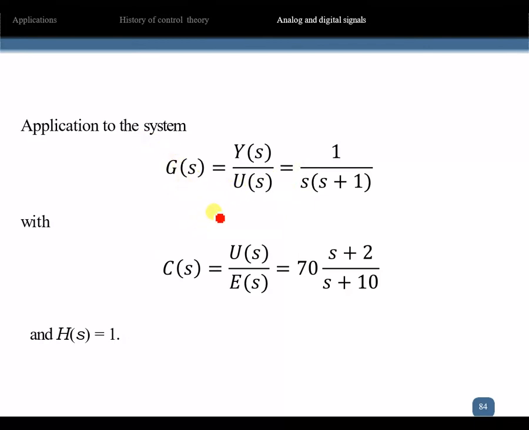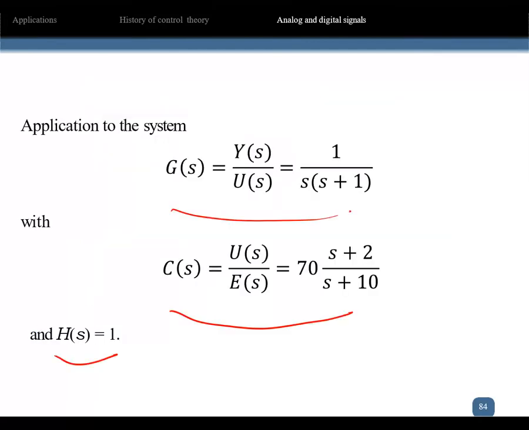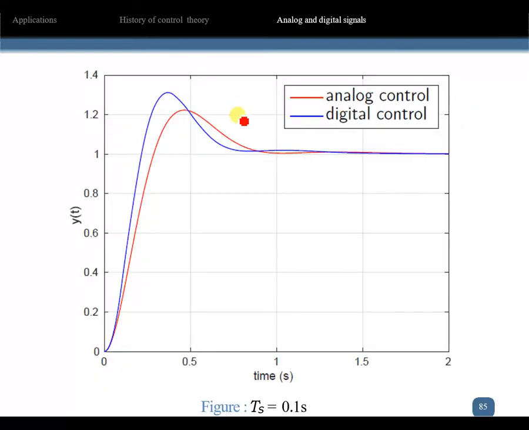Another application: they said G(s) is here, C(s) is here, H(s) is 1. Then if you change with the same method, the forward, backward, central or trapezoid, you can see the difference between the analog and the digital.